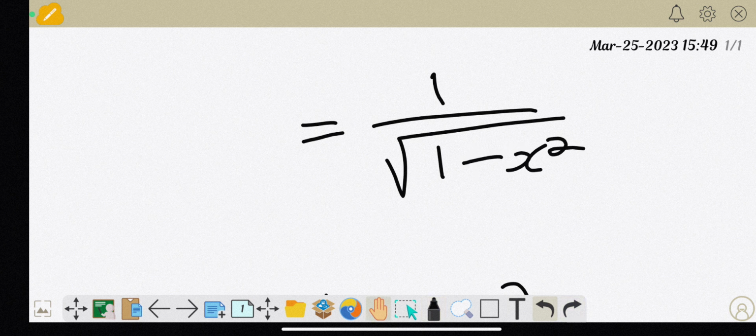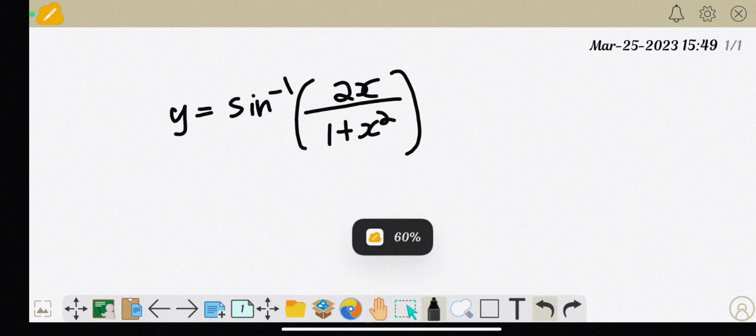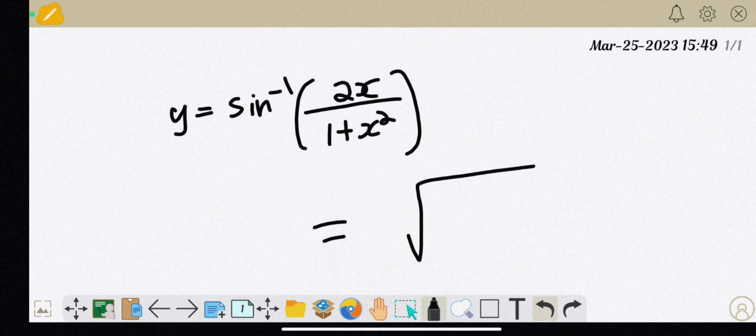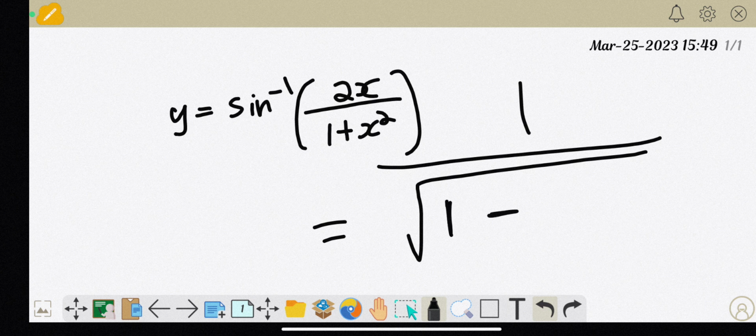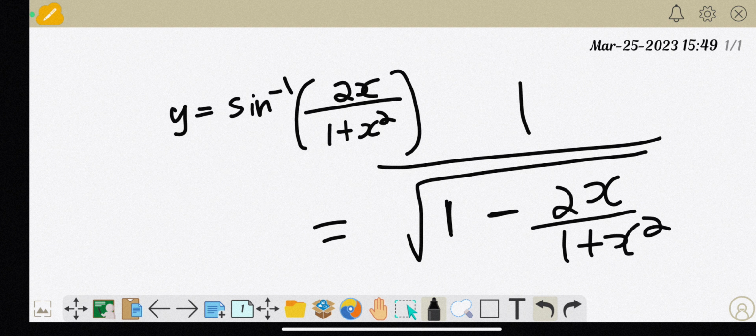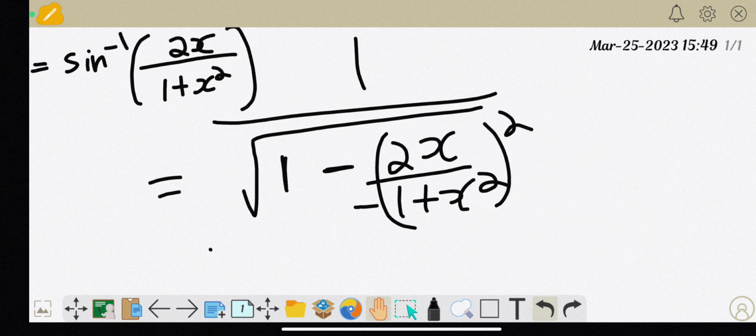So what you can do is you can apply the same definition over here, which is equal to 1 by square root of 1 minus whole square. Then what is differentiation of this? 2x by 1 plus x square.